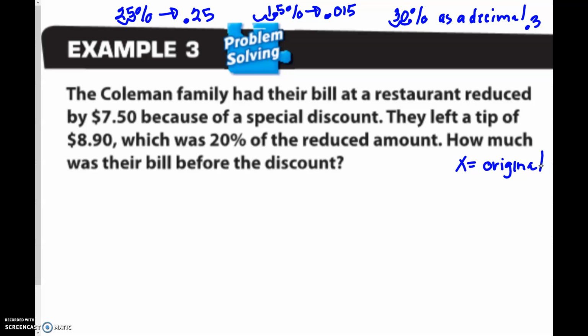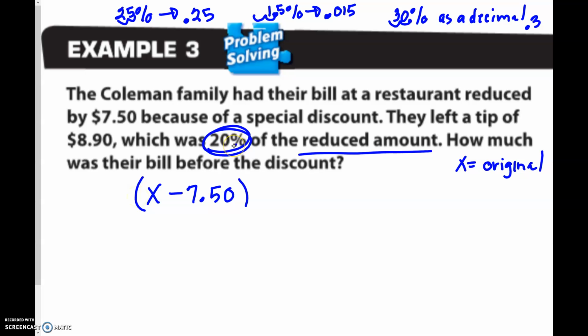So what happened here is their bill was X amount of money, and then it was reduced by $7.50. And then they took 20% of this reduced amount. Well, this is the reduced amount. So if it was $20, it's 20 minus 7.50, and then they took 20%.